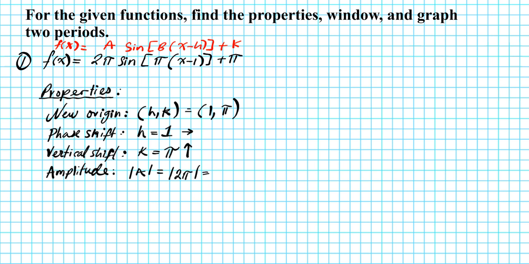Absolute value of 2 pi is 2 pi, and that also goes in the direction of the y-axis, so that's up and down from the new origin. Next property we need is the frequency. You can find the period by computing the value of 2 pi over b. Okay, so that's going to be 2 pi over b. b is pi, so we have 2 pi over pi, and 2 pi over pi is equal to 2.